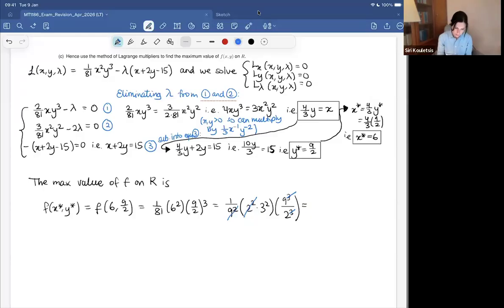And so we have 3 squared times 9, in other words, 81 over 2, or if you like, 40.5. So that's the value of C2 there.